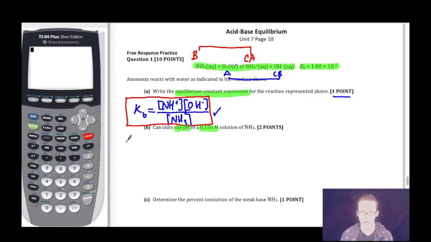So I'm just going to write that here to remind me that I need to solve for pH, and the way to do that is to figure out what the hydrogen ion concentration is, so I can take the negative log of that value. Now, as I look at my problem, I don't have a hydrogen ion concentration given to me directly in this problem. So I have to think about some of the other ways that I can derive the hydrogen ion concentration from the information that I'm given.